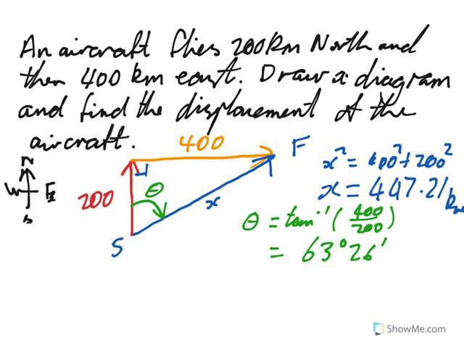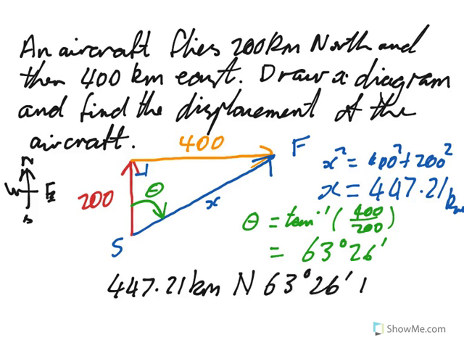So that vector then would be 447.21 kilometres north, 63 degrees 26 minutes to the east.